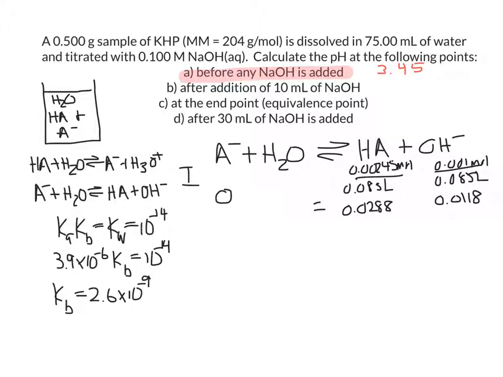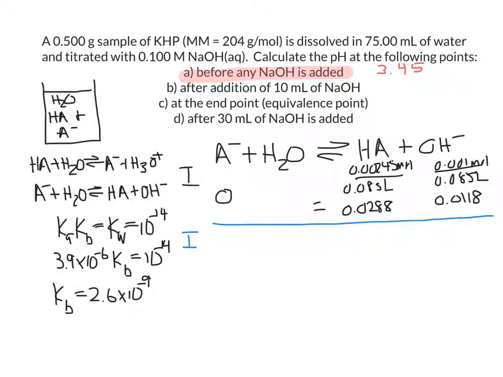So I'm going to need to do a limiting reagent problem to make as many reactants as I can out of the amount of products that I'm starting with. Luckily, this is a nice simple 1-to-1-to-1 reaction, and so I can see that since the OH minus is the smallest concentration, it's going to be my limiting reagent.